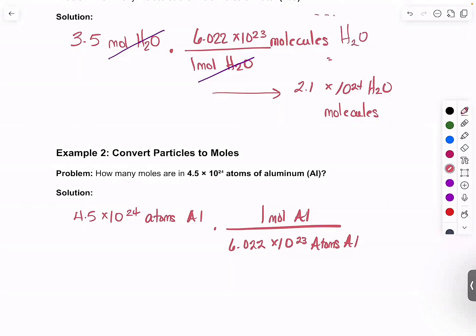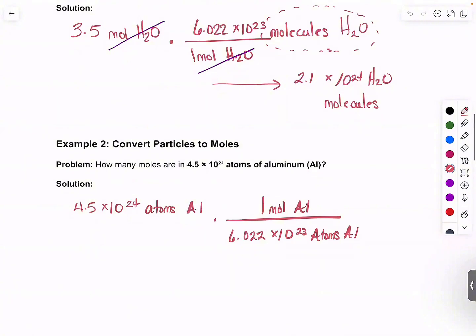Make sure you have that substance there, right? This is what we're looking for. That should be the only unit left standing when you're doing these problems. So when I go back to example two, we have this certain number of atoms, and notice we're going to divide instead of multiply.